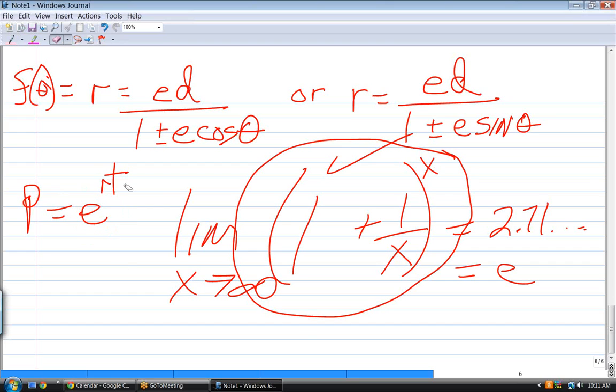I think continuous growth or decay, I guess, would involve e. Well, and actually, the chapter on differential equations starts out with that. It's been a while since I've looked at it, though, so I can't explain it super well right now. But that's fine. Anyway, this is not the same e as this.